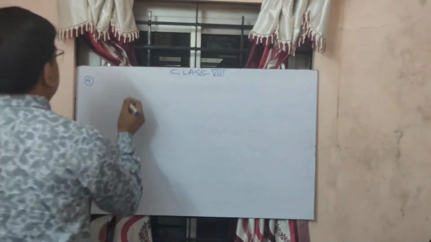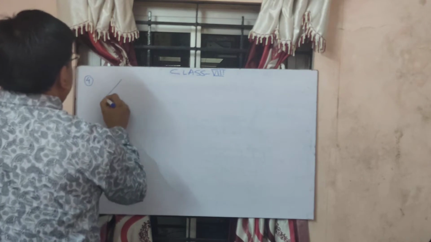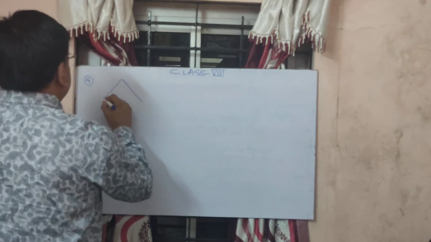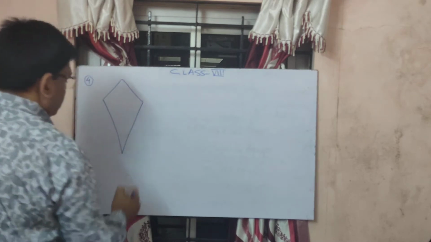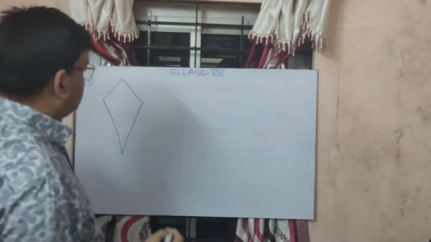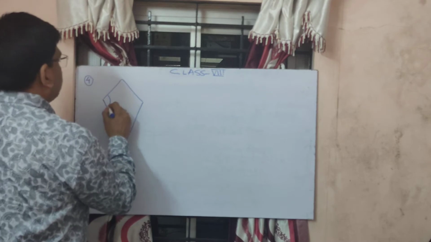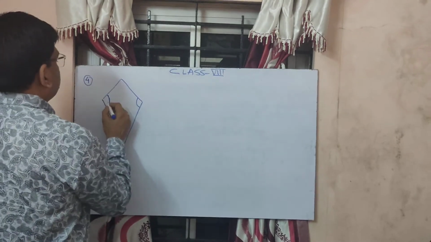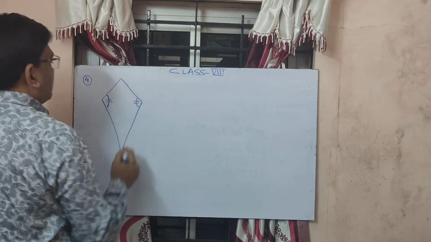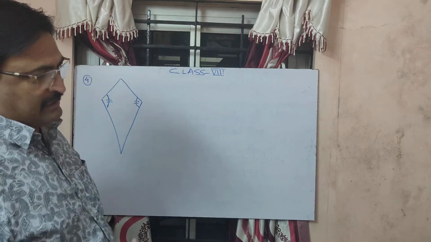Now, let us look here. The only figure that is having one pair of angles equal, and that is a quadrilateral.